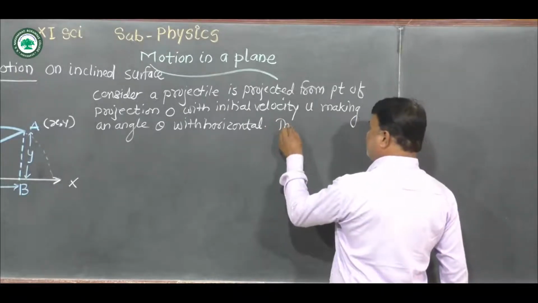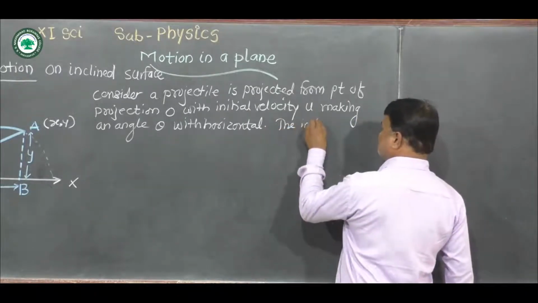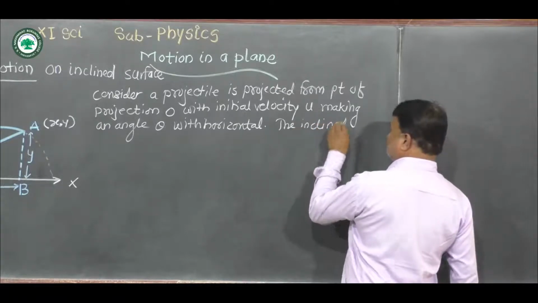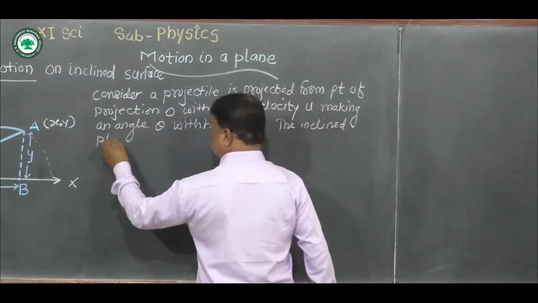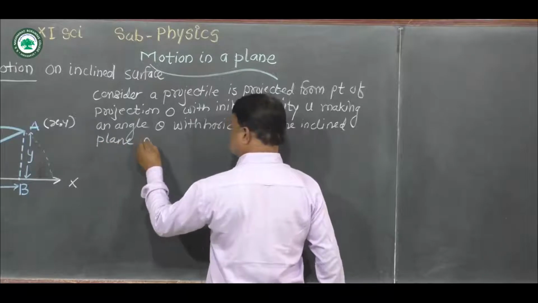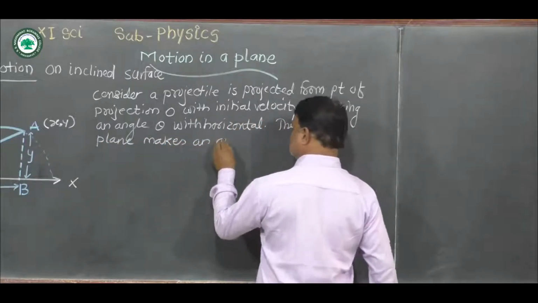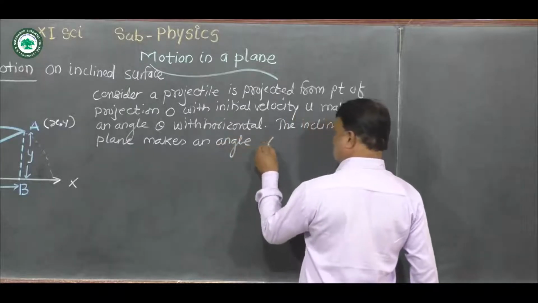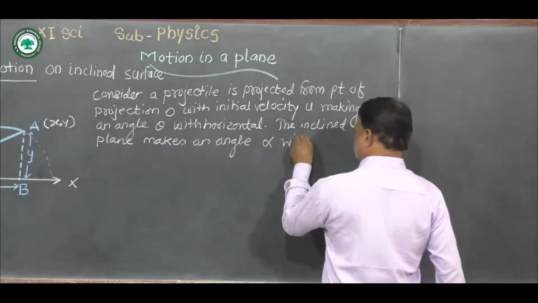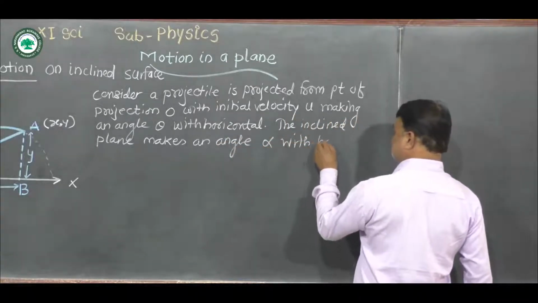The inclined plane makes an angle alpha with the horizontal.